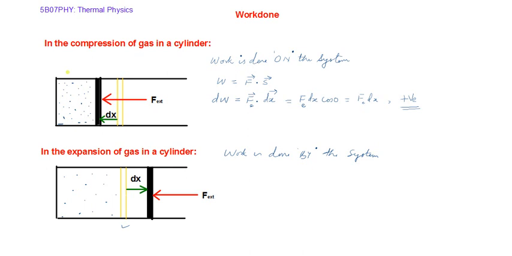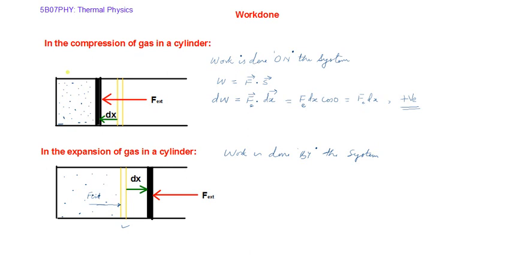So you know that when the piston has to move by displacement dx in the direction shown here, there should be a force acting from within, which will be directed towards the right. But that is an internal force, a force exerted by the gas on the piston.